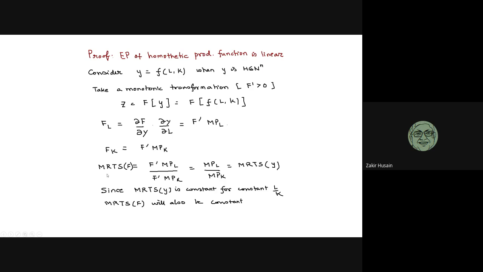So what is the slope of the transform function? MRTS is F prime MPL by F prime MPK. So this is equal to MPL by MPK because the F prime cancels out. But this is the original marginal rate of substitution, the slope of the original production function.